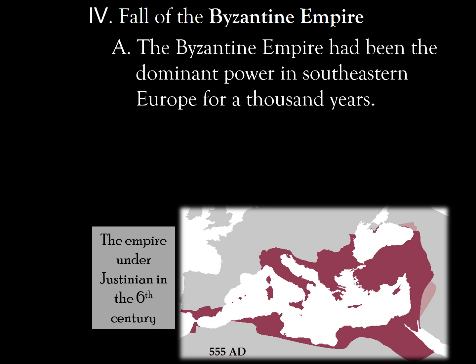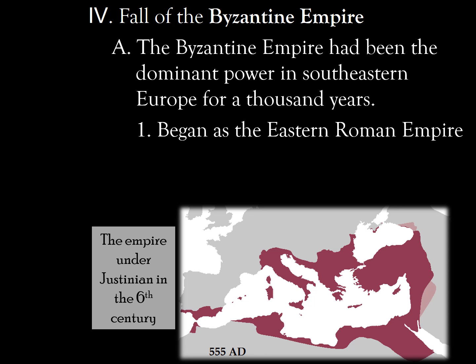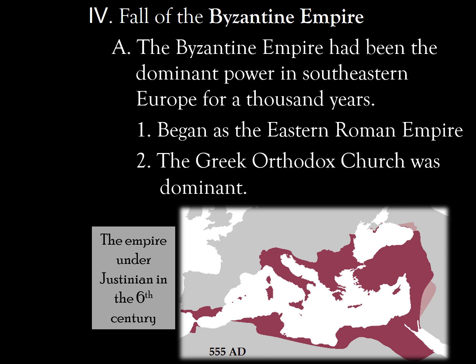The fall of the Byzantine Empire is another crisis in the late Middle Ages. The Byzantine Empire had been the dominant power in southeastern Europe for 1,000 years. It began as the Eastern Roman Empire, and the Greek Orthodox Church was dominant there.